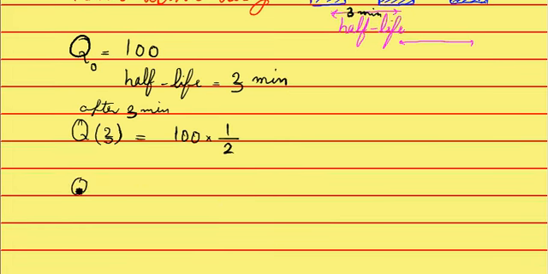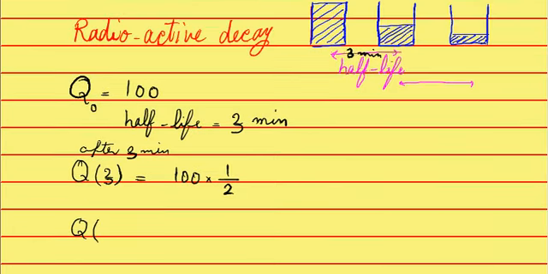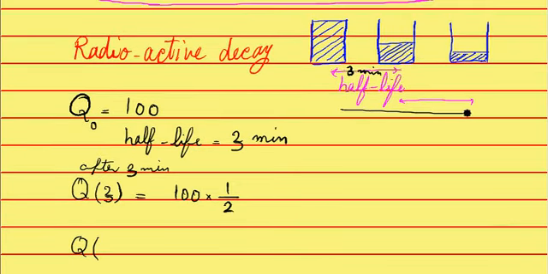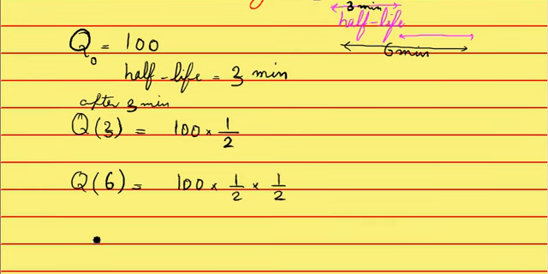What if I wait another 3 minutes? By now I have waited 6 minutes. Half of it was left the first round. Another half of a half is going to be left on the next round. So after 6 minutes, I multiply by half again. So by now a quarter of it is left.